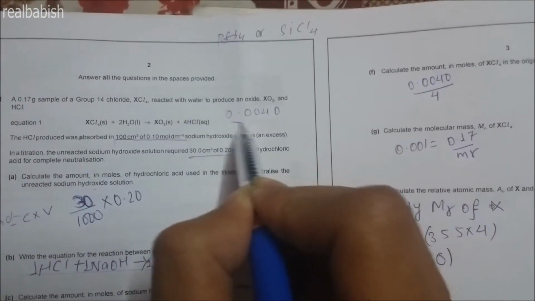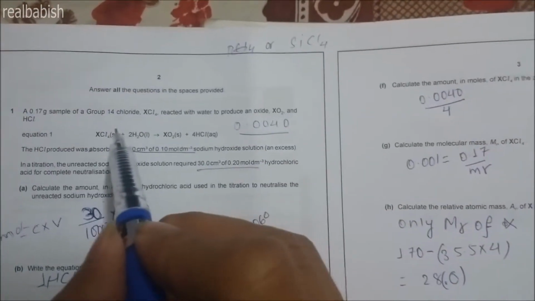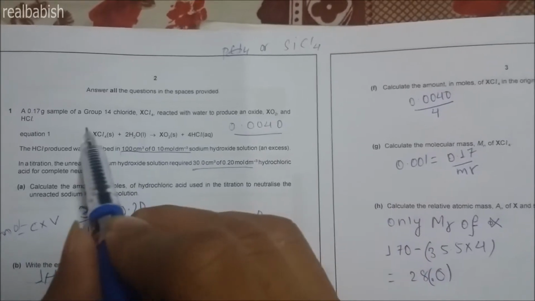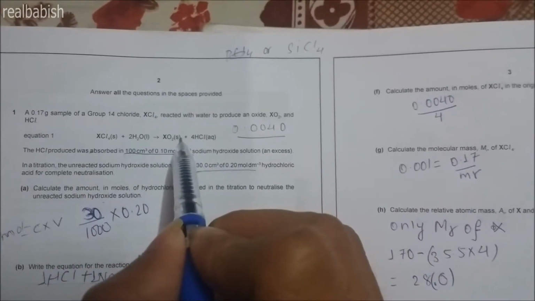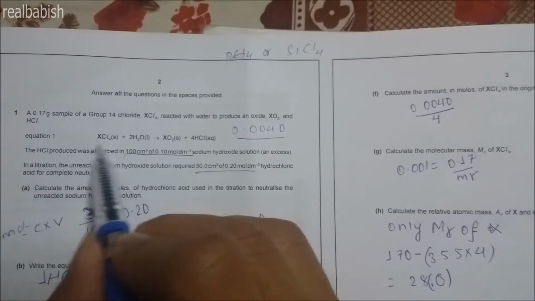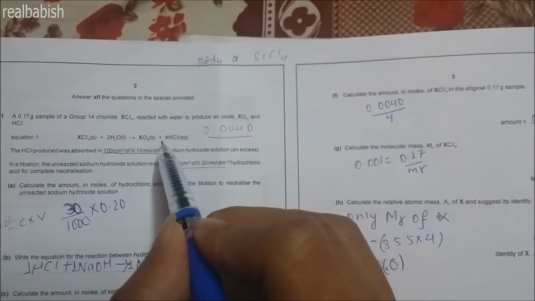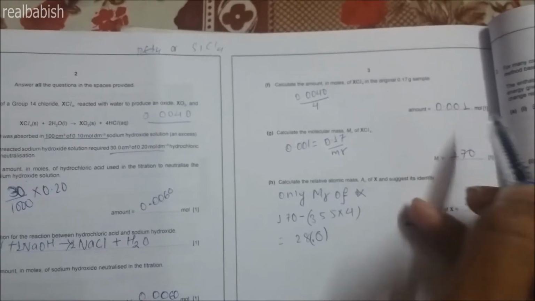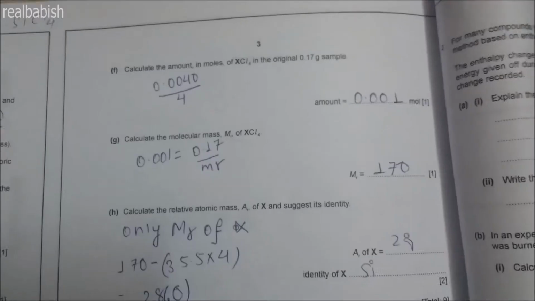So this question is asking for the amount of XCl4. The molar ratio is 1:4, so to find the amount of XCl4, we need to divide this HCl mole by 4, because it's a 1:4 molar ratio. So this will give us 0.001 mole of XCl4.